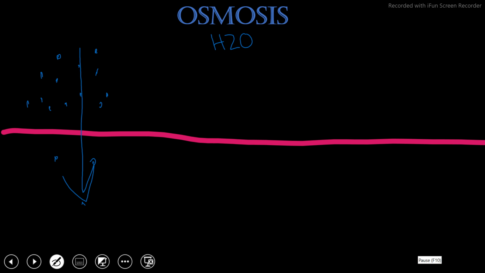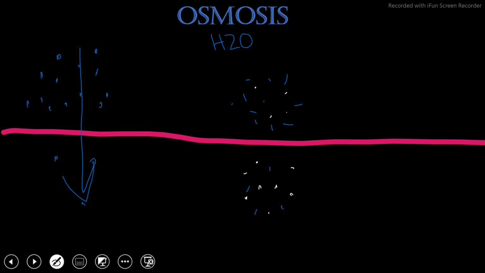Or we can think of it as water wants to follow wherever the most solutes are. So let's say we have a high concentration of solutes right here. Let's say it's salt. And you have a low concentration of solutes here. Since there's not a lot of solutes here, there's going to be more water around here. And since there's more solute down here, there's going to be less water before osmosis happens.